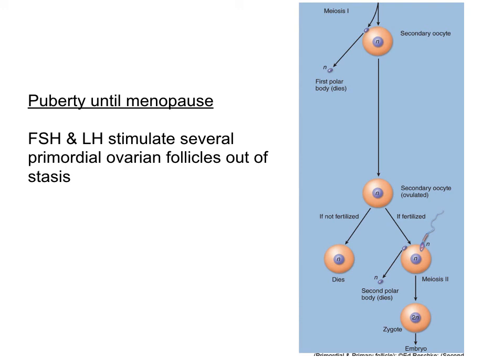Fertilization is then complete when the sperm nucleus joins the ovum nucleus to form a diploid nucleus within your new zygote. If fertilization doesn't occur, the secondary oocyte passes through the female reproductive tract, it dies, and it's actually expelled from the female with vaginal secretions.